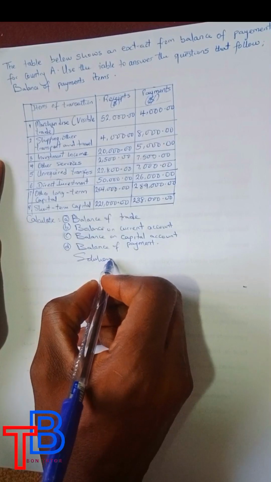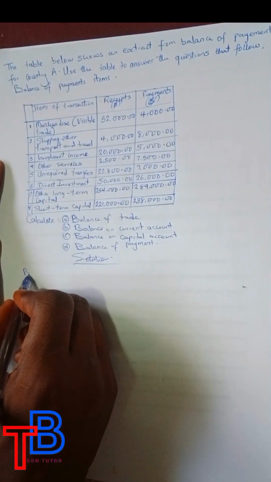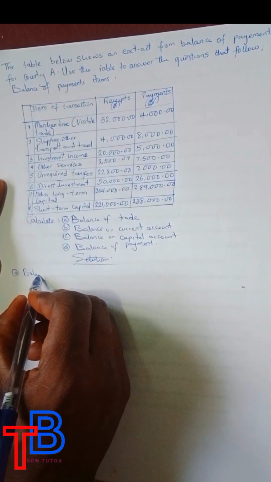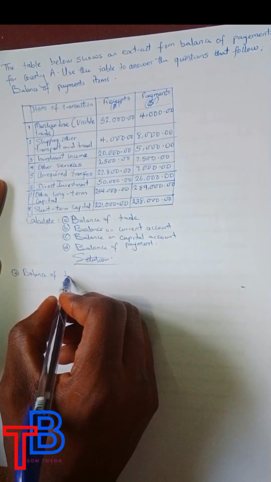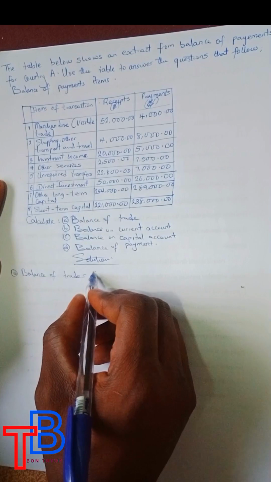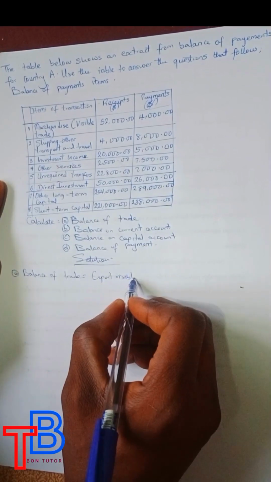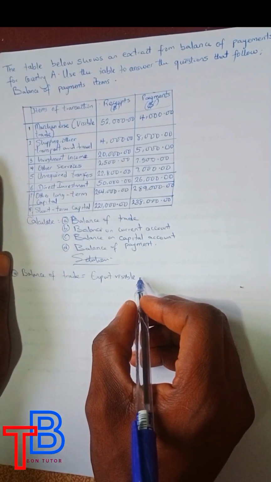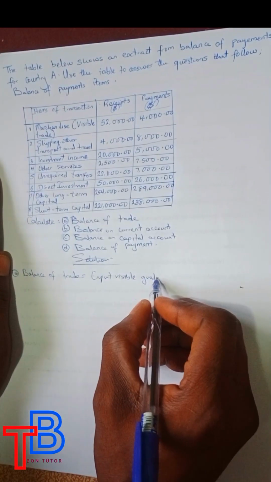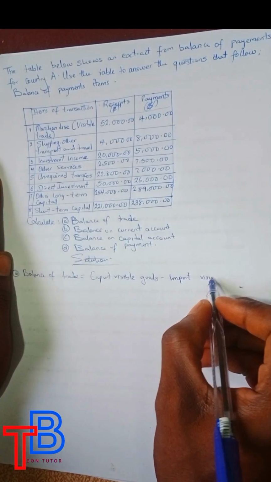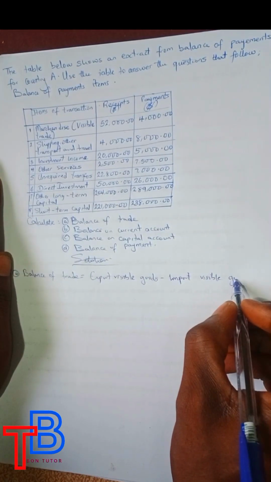So your solution now, for you to do your balance of trade, let's say A, the balance of trade equals the export of visible goods minus the import of visible goods.